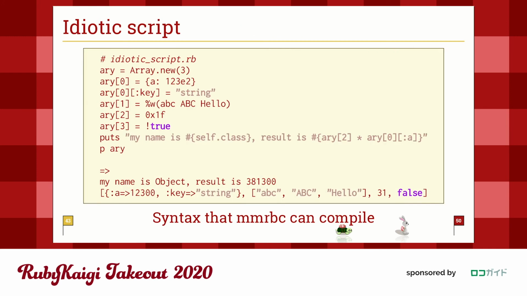By the way, the script of case 2 also demonstrates what syntax mmrbc can deal with, such as assignment, constant, method call with parenthesized argument, array, the assignment of array, and hash literal, symbol, string literal, and, how can I say, syntax sugar which makes an array of strings, and hexadecimal, unary operator, keyword true, interpolation of string, and binary operator.